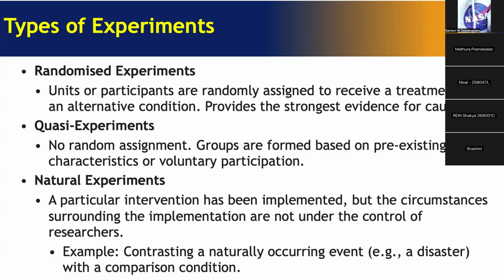Then natural experiments, which are some of the very interesting ones. You look at a naturally occurring incident where an intervention has been implemented, but the circumstances surrounding the implementation are not under the control of researchers. Disaster-based research is one area that I'm currently working on.